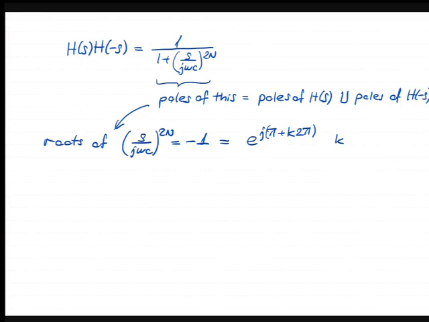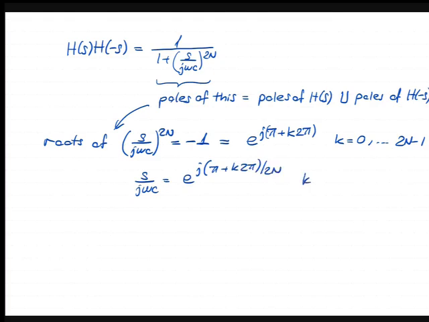So how many roots am I looking for? 2n. So what I have to do is go from 0 to 2n minus 1, and then divide all powers by 2n. That means s over j omega c equals e to the j times pi plus k 2 pi, divided by 2n.